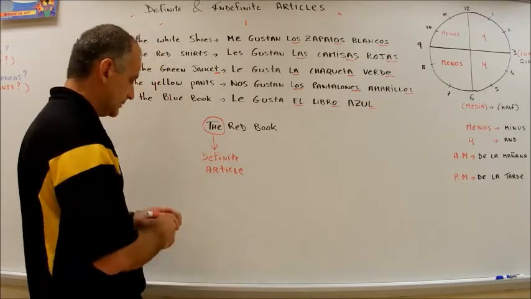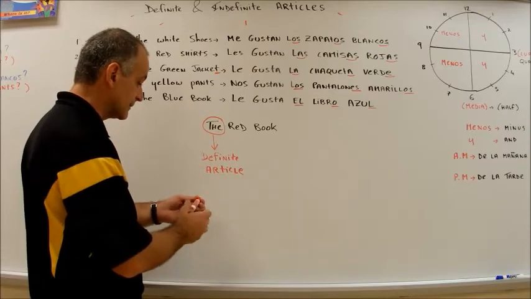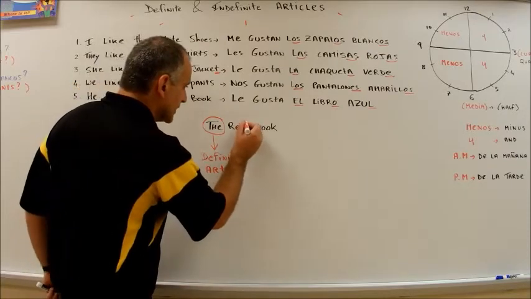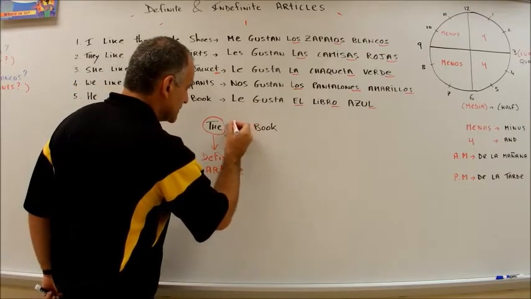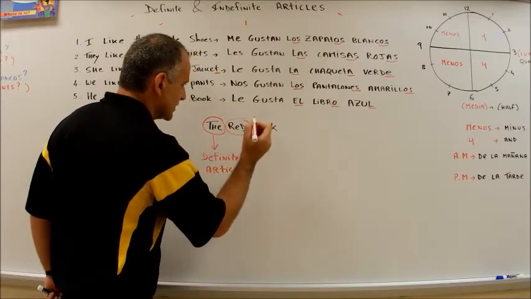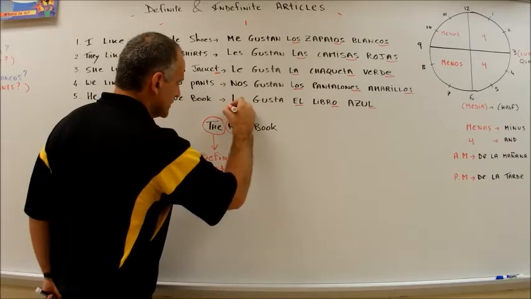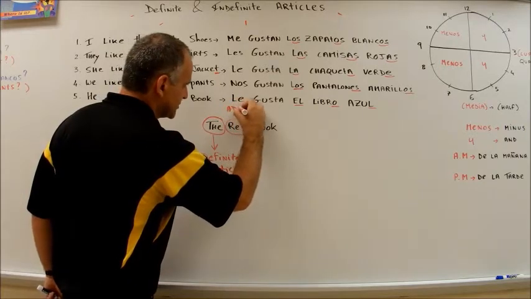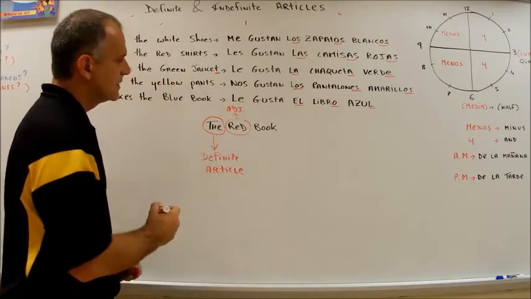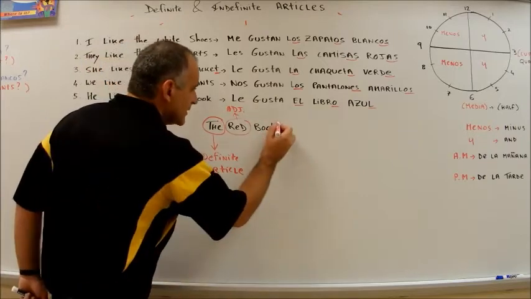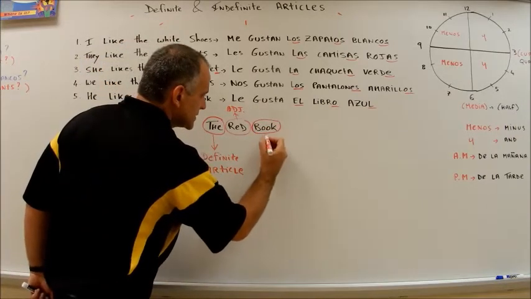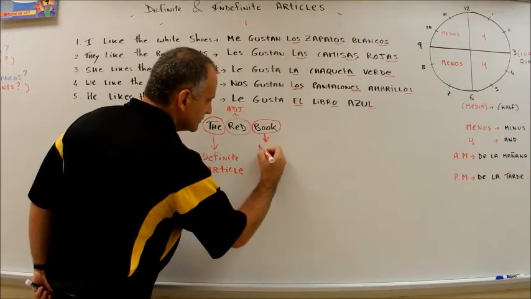You're going to see why. You probably already know why. But anyway, here's what you got next. Red, right here. Red is, of course, going to be, you guessed it right, the adjective. You got your adjective right here, okay? So, we're going to write it down, abbreviation right here, adjective right here. And then, watch this. And then you got book. Book is going to be the noun, okay?